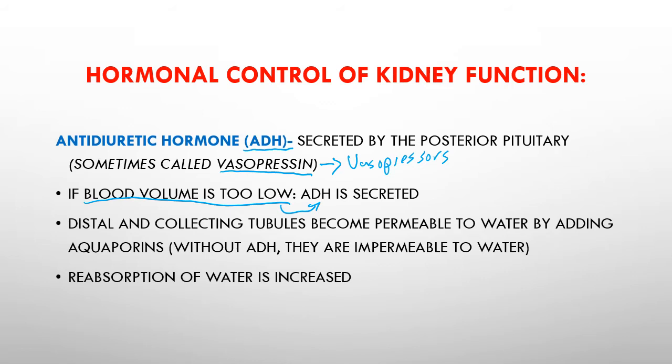That posterior pituitary, remember, only stores the ADH. It doesn't actually produce it. It's coming down from the hypothalamus, gets stored in the posterior pituitary, and then when it's needed, we're going to stimulate the release of that ADH. That ADH then circulates through the whole body, but the only place where it's going to matter is in the kidneys at the distal convoluted tubule and the collecting tubules.